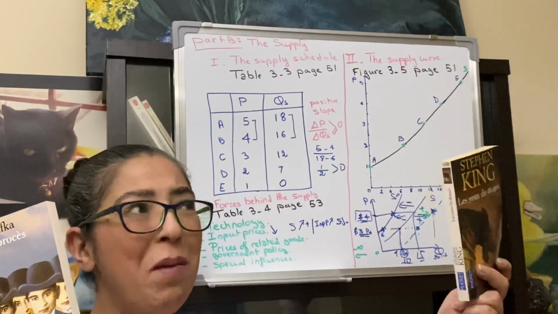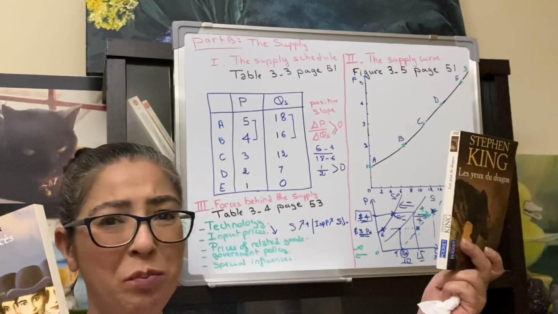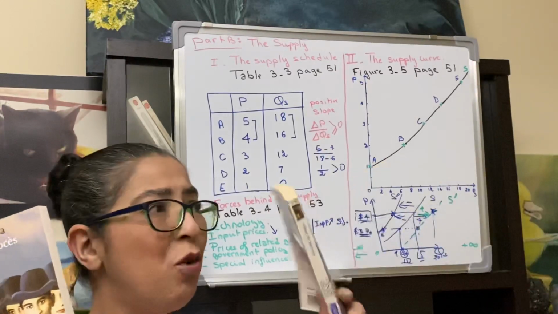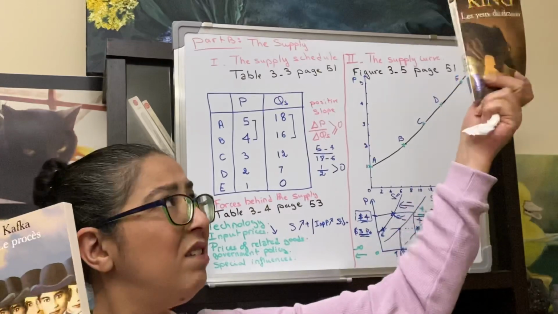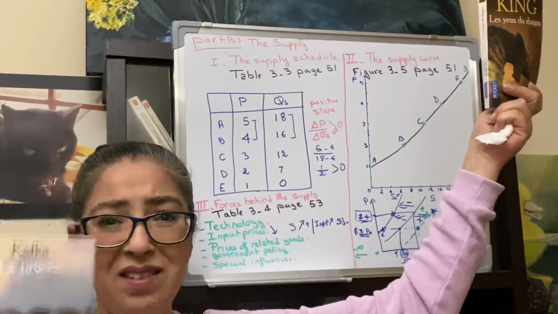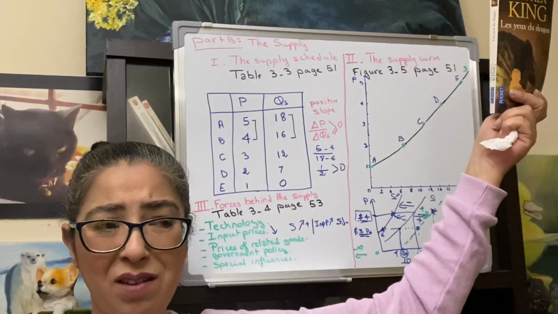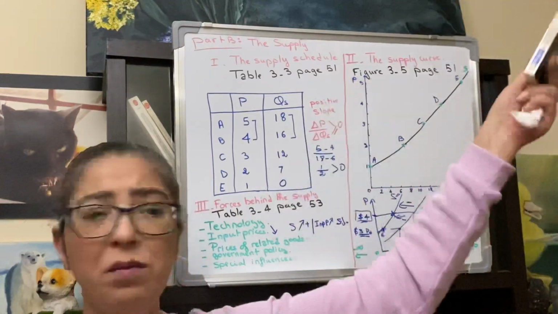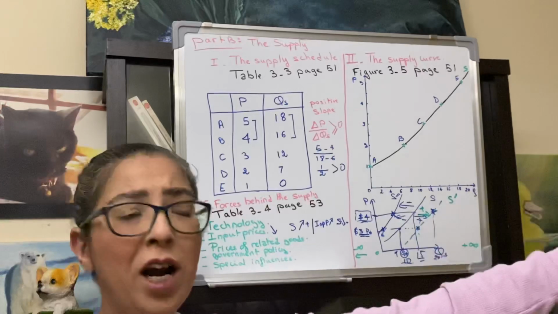So remember, Pocket has only one printer. So what are they going to do? In order to print more of these, they have to print less of this one. So the supply of Stephen King is going to increase because of its own market.